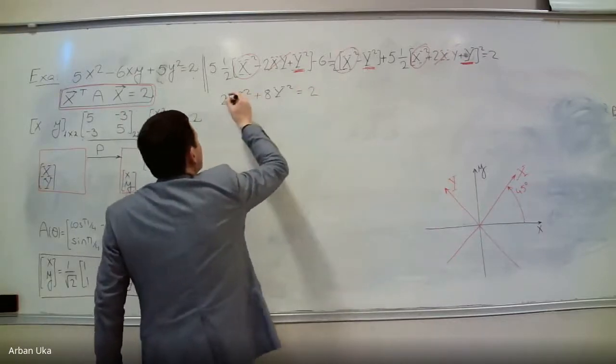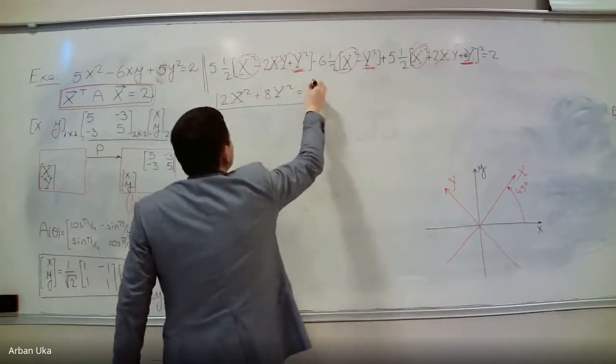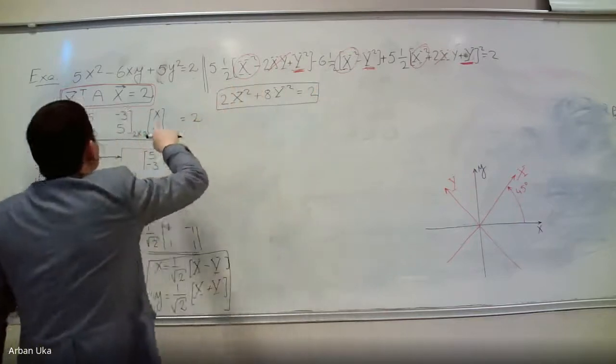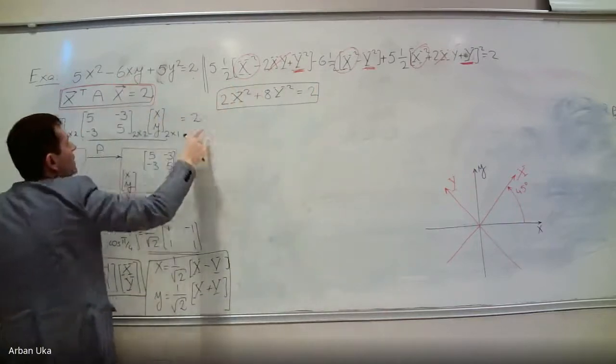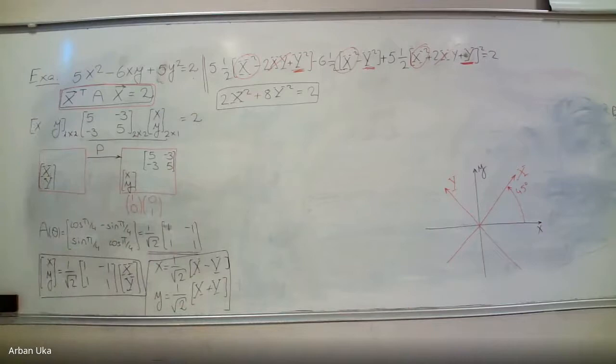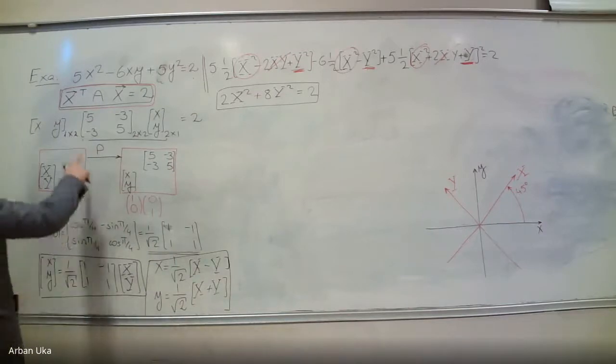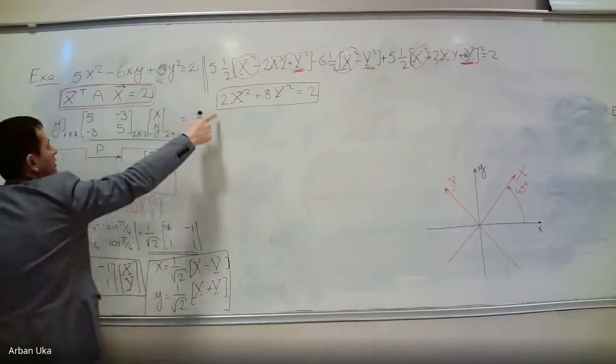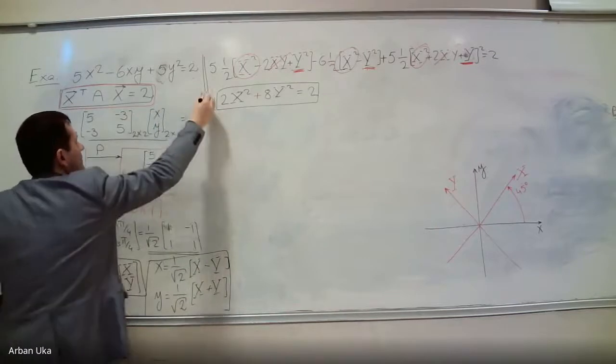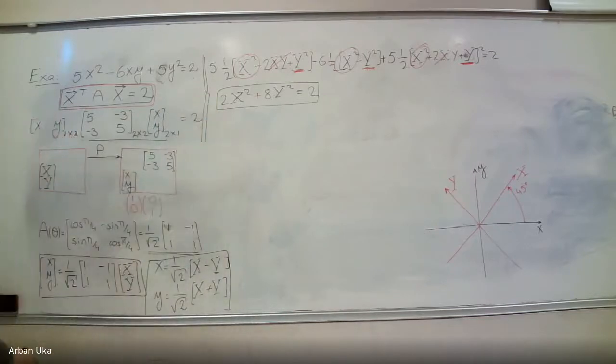to 2. So now we did a change of variables, and this identity can be rewritten in this form. So now let's try to write this expression for this new identity.